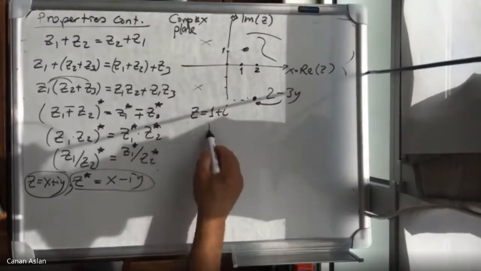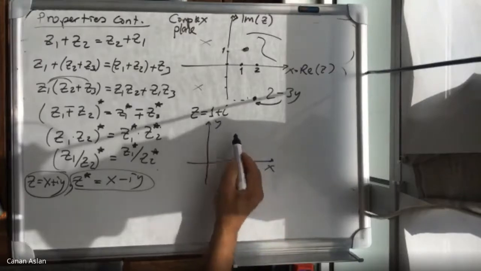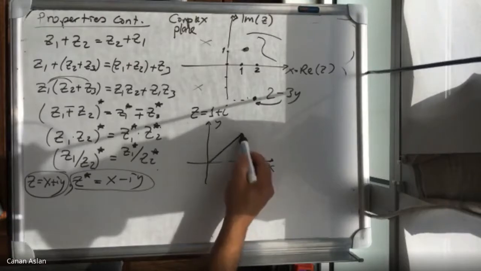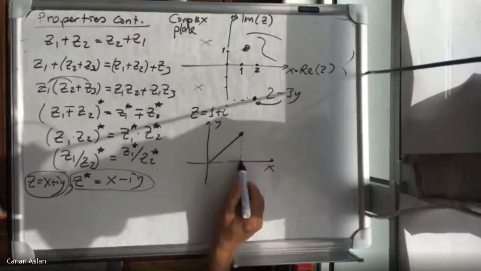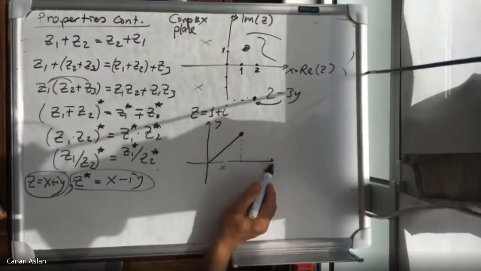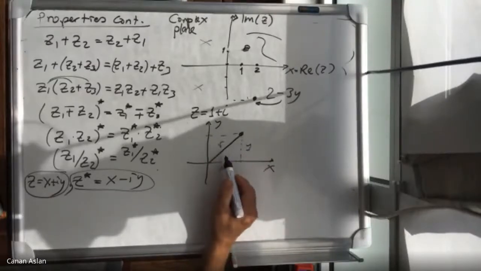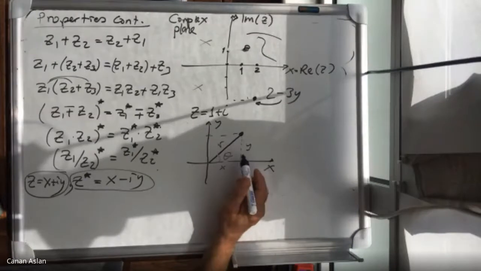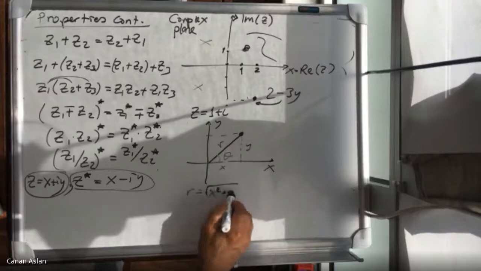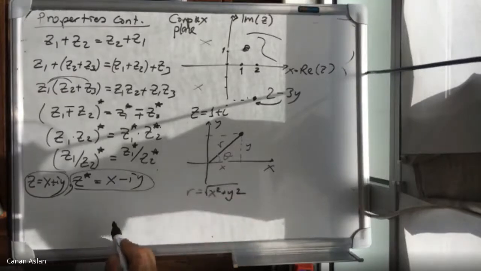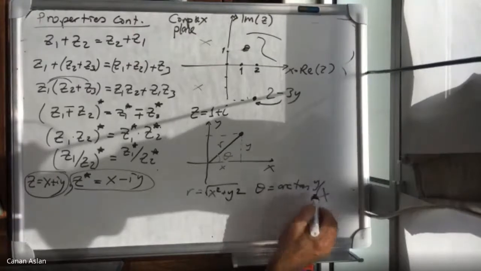Okay, so now let's look at the geometrical properties of this. Okay, so this is xy, and now we have some kind of point here, say this. So basically, this is x because this is the x-axis, and this is y, and this is r, and this angle theta. So r here is just the square root of x squared plus y squared, and theta equals arc tangent y over x.